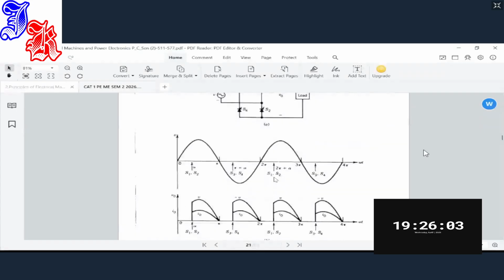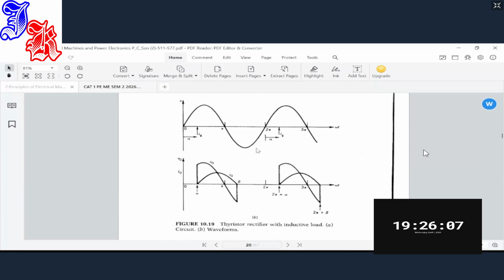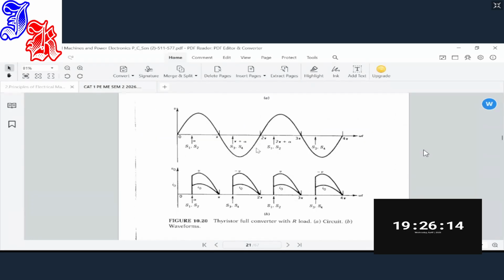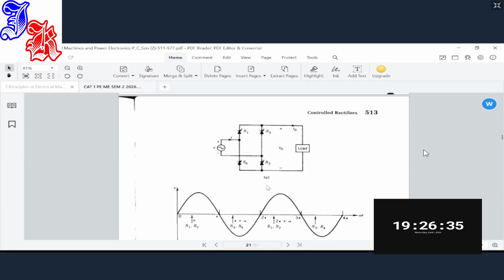rectifiers, and to improve efficiency, we need to convert both cycles so that we can ensure there is continuity of power. So we also have the full wave converters. Some are fully using diodes, but for real-time applications we normally use thyristors, and we can also combine thyristors and diodes.